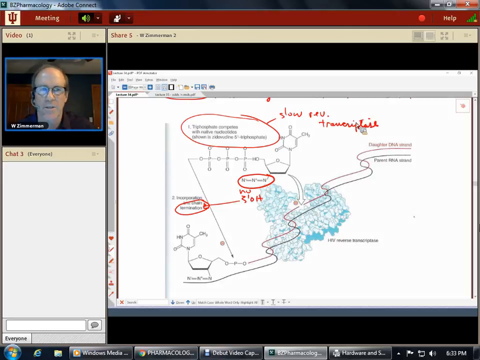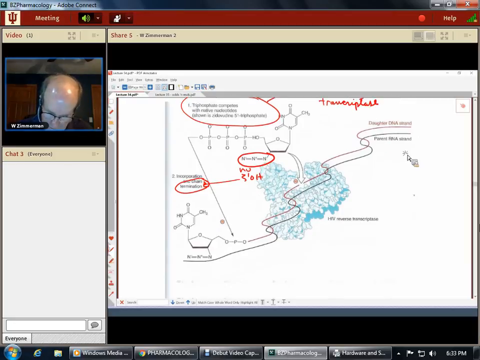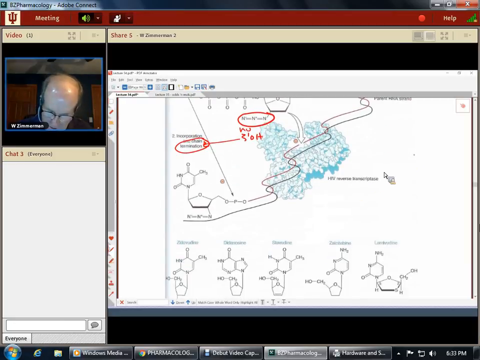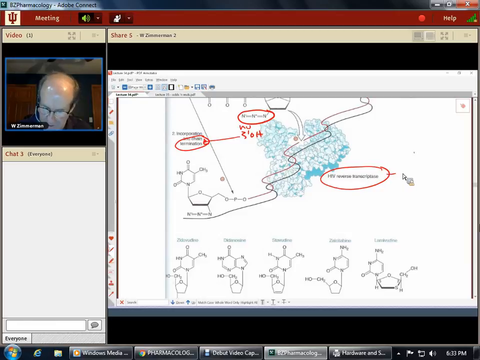Reverse transcriptase is a sloppy enzyme, but it's still trying to find the right base. It's just not very good at it. And maybe I should point that out. This HIV reverse transcriptase, it's sloppy. Therefore, we have a lot of mutations. But it's very sloppy versus the human DNA polymerase.